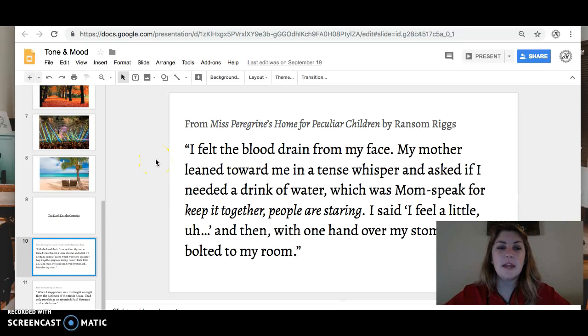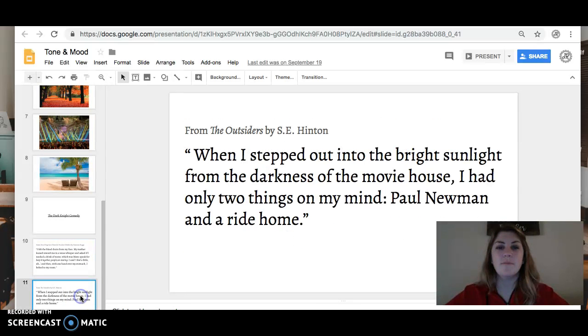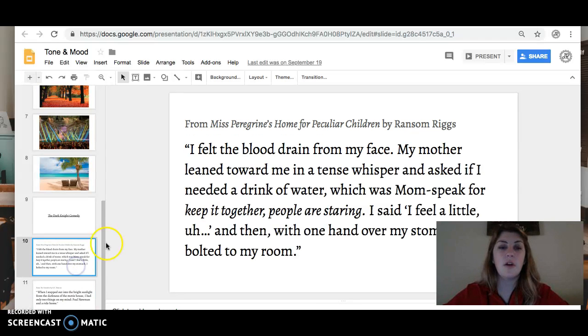Okay, and here are also some other quotes from books that show us in detail some tone and mood. So there are two parts of your challenge. First is the picture, and finding both perspectives of the tone and mood, positive and negative. Then I also want you to find a quote from a book or a movie.